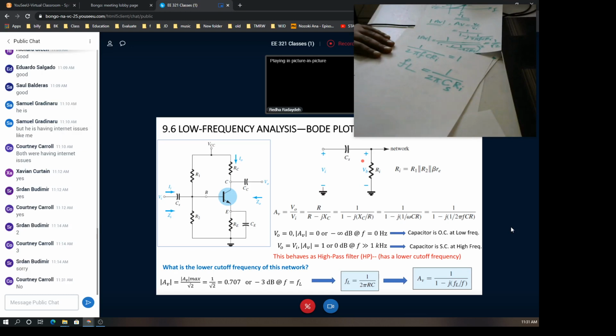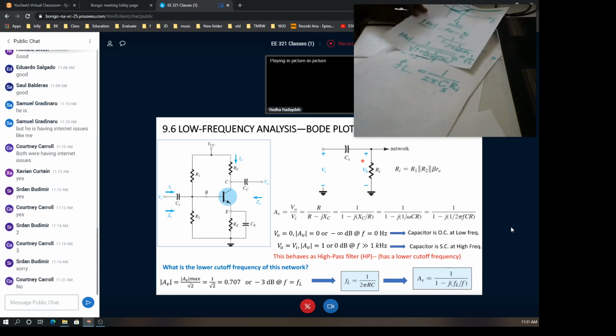I don't have any. In your formula, a couple of lines above, when you wrote that F, was that F sub L, or is it still just regular F?